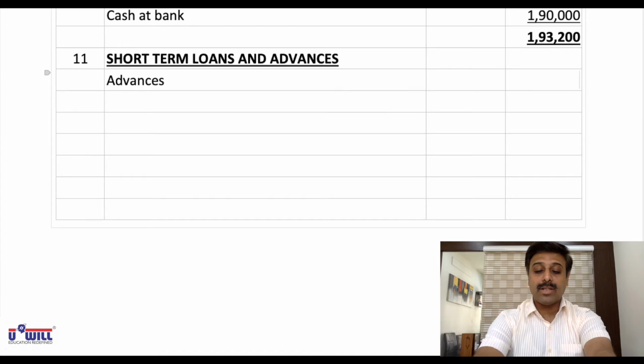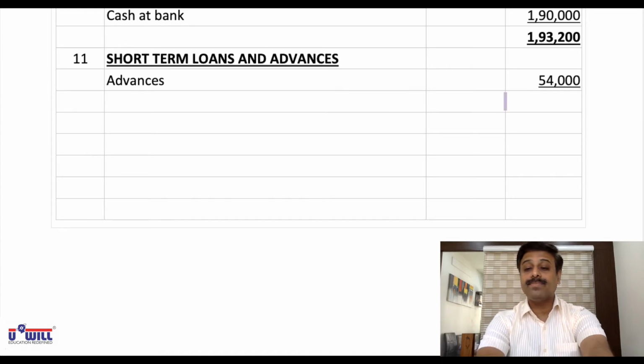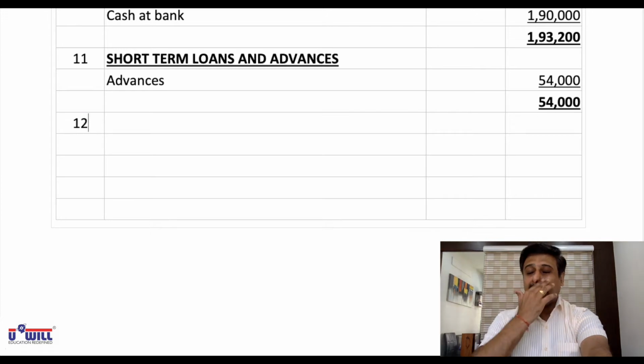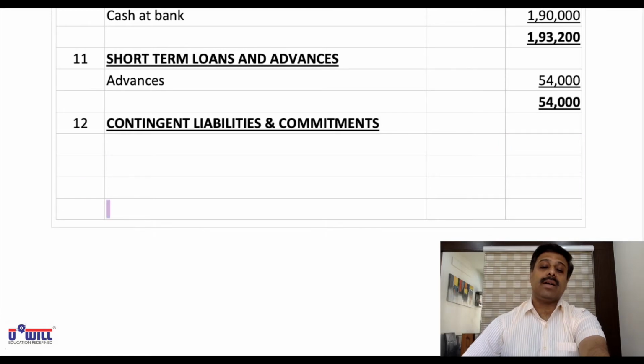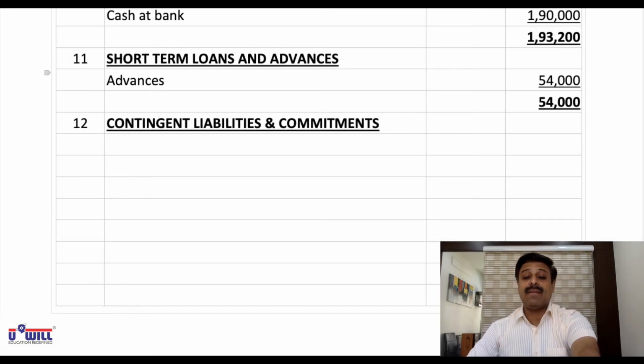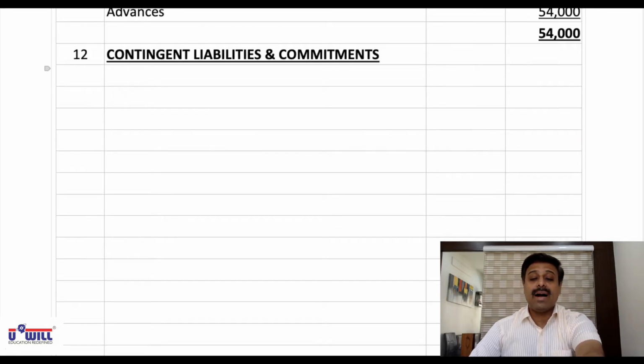That itself is the total. Then other current assets, we don't have directly. Contingent liabilities and commitments. Okay, we don't have other current assets, so directly contingent liabilities and commitments, which we have marked as footnotes.